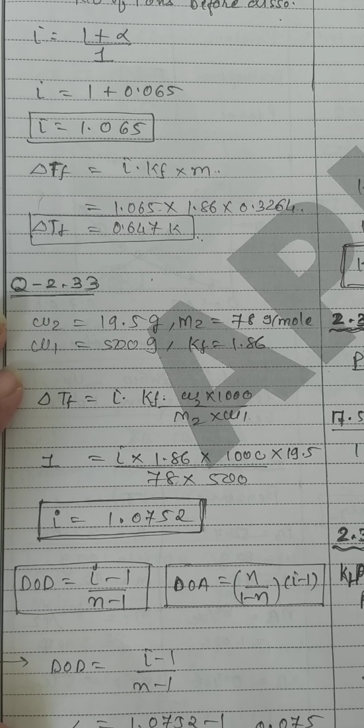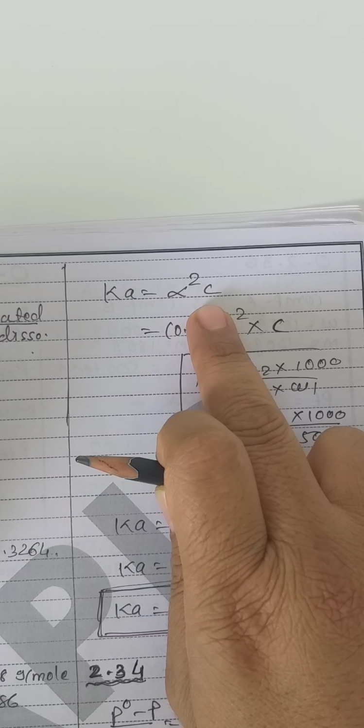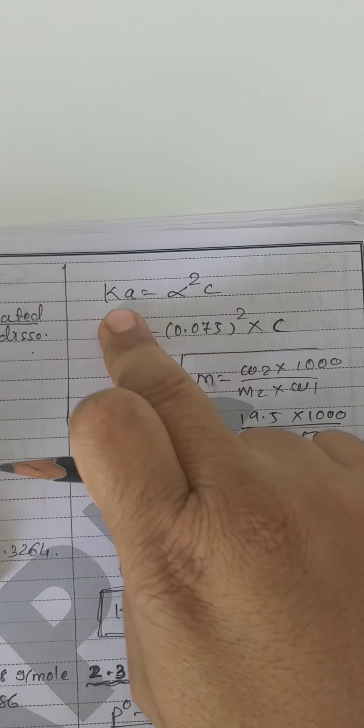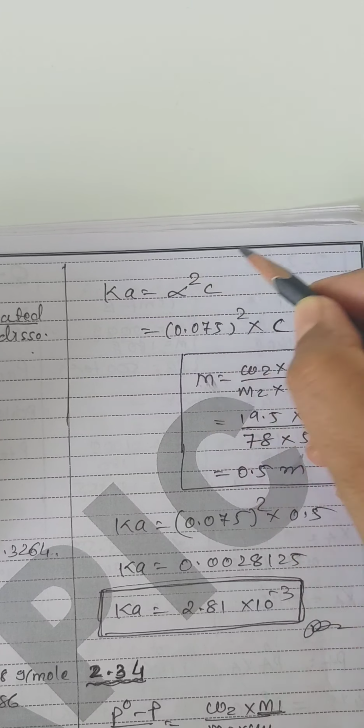Now see, now we want to calculate the Ka, dissociation constant of fluoroacetic acid. It's an acid, so we have to find Ka, and for the Ka the formula is what we have done in question number 2.32 by derivation, that is Ka is equal to alpha square C. So before calculating Ka we have to get alpha, okay.